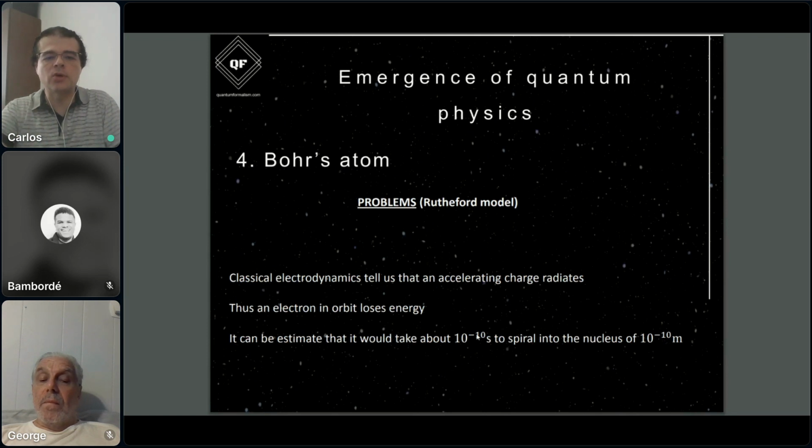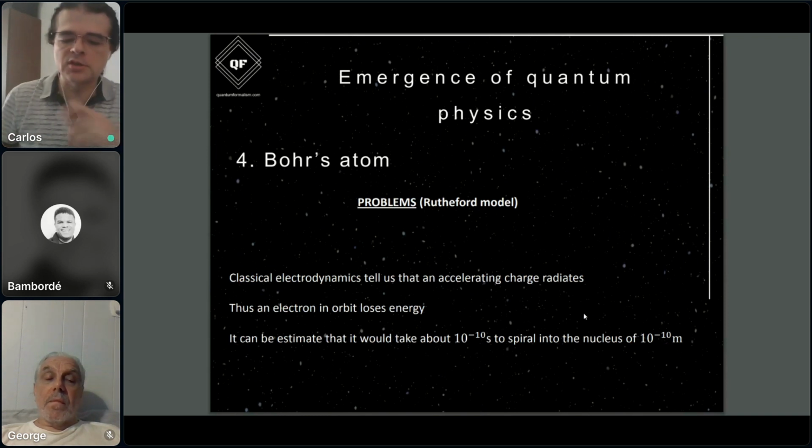That would be about 10 to the minus 10 seconds, for an atom of 10 to the minus 10 meters, so about 1 angstrom. So the Rutherford model had theoretical problems, and even at that time people thought it seems that's not the correct model, because of these things.